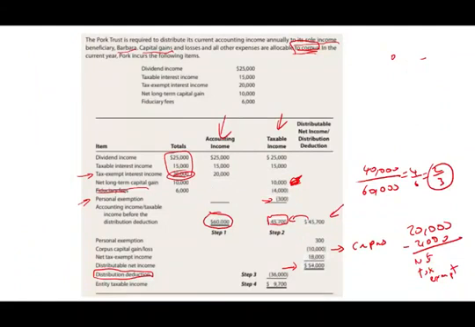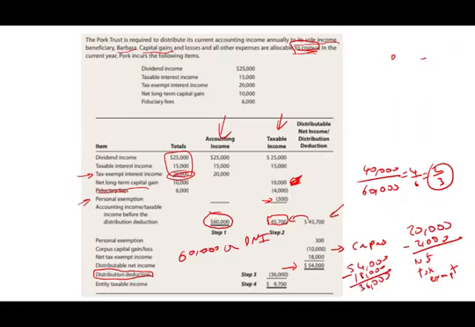So remember, we're going to choose the lesser of 60,000, which is the amount distributed, or DNI, which is 54,000, minus 18. So 54,000 minus 18 gives us 36,000.